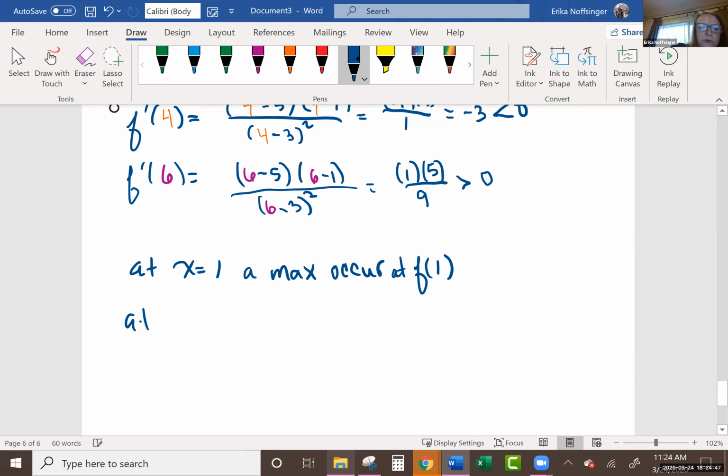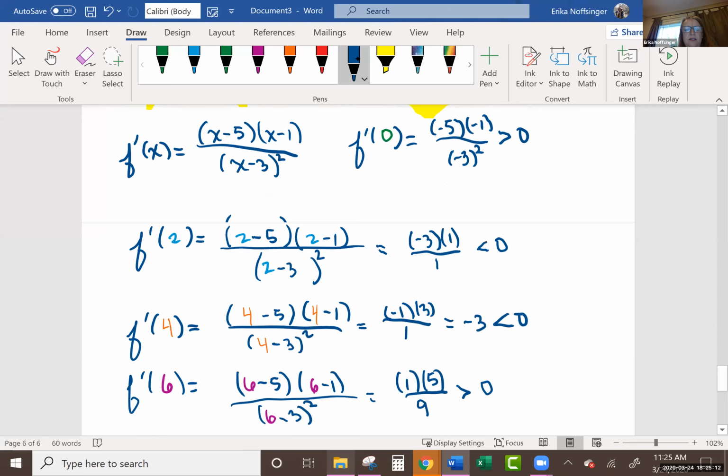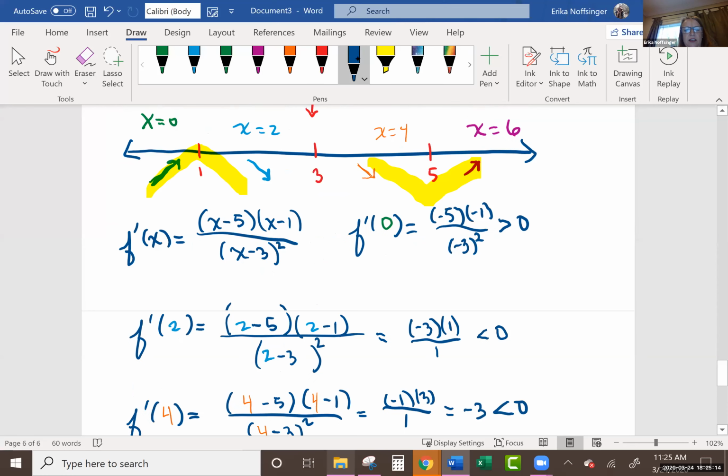And at x equals 5, a min occurs at the value f of 5. So you have to go back to the original function, plug in 1, and figure out what you get.